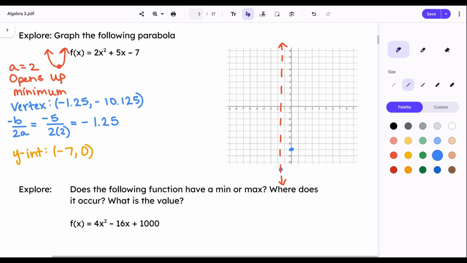The only issue with reflecting this one is you're going to have to just kind of estimate where you think it is, because that vertex point is not on a solid number. It's in between coordinates. So you just have to think about, if you were to reflect this point over, about where do you think it would go. Again, just do your best with that. Just think about performing a reflection.